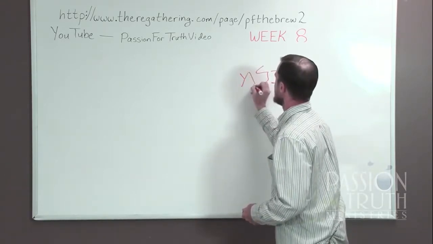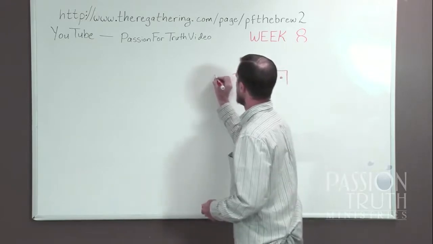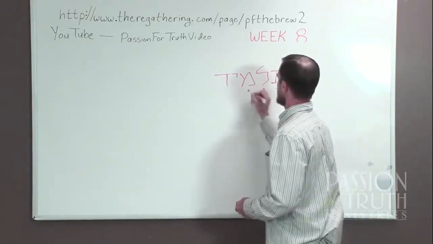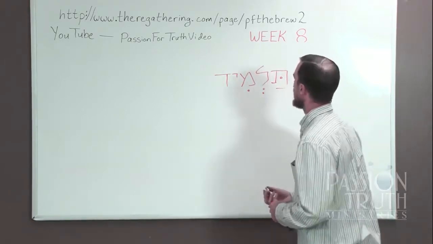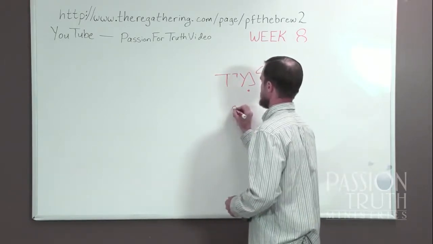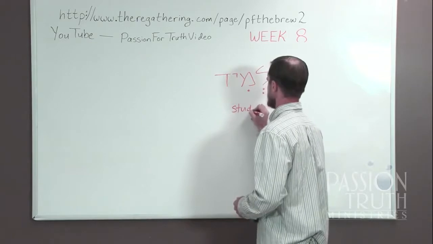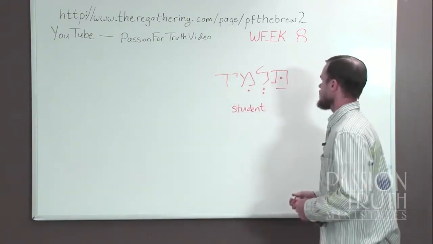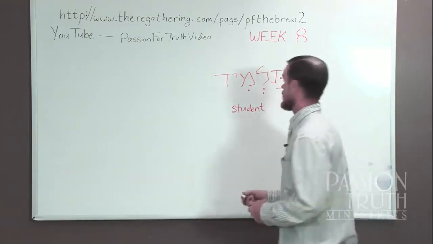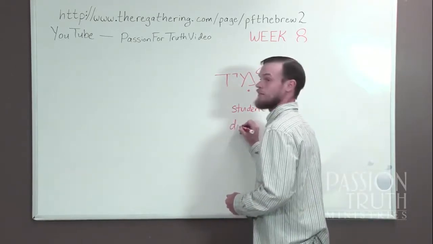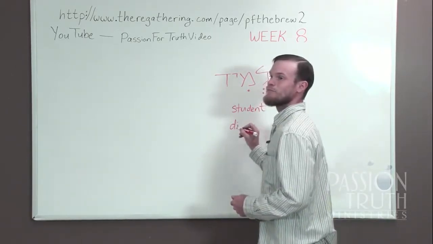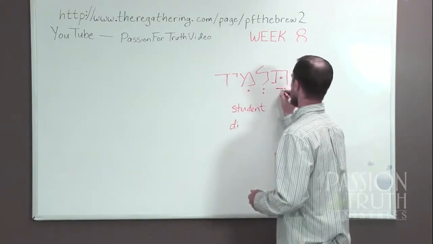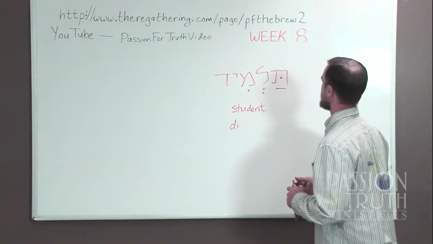Talmid. All right, Talmid. Talmid is a student. The sheet is missing the patach. Oh, okay. Yes. So I will correct that online.